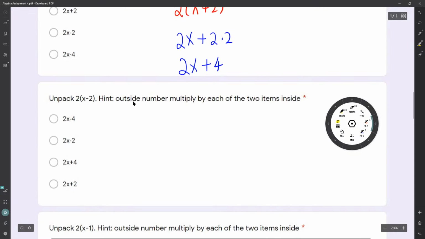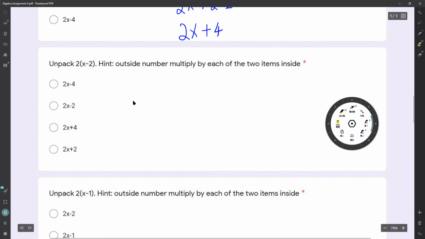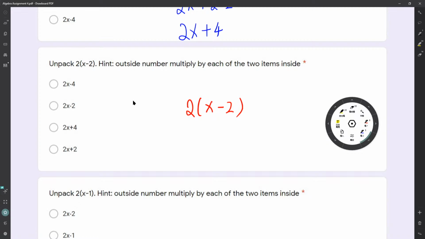I hope you will see that once you get more skillful about this, you can do this really quick. So 2 times, inside the parentheses, x subtract 2. Again, this outside number is multiplied by each item inside and then we add them up. So 2 times x add 2 times negative 2. 2 times negative 2 is going to be negative 4, right?